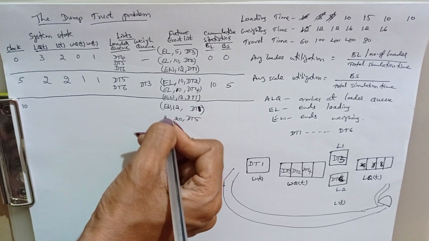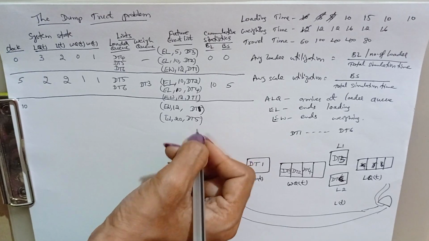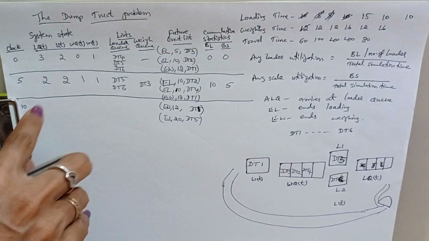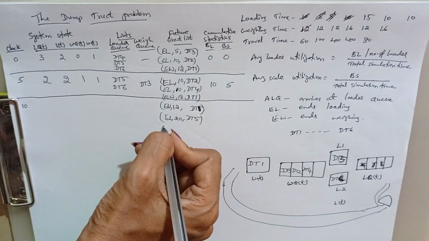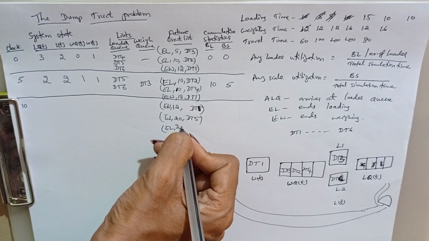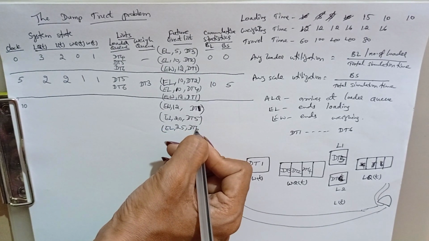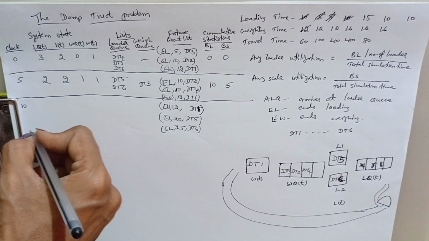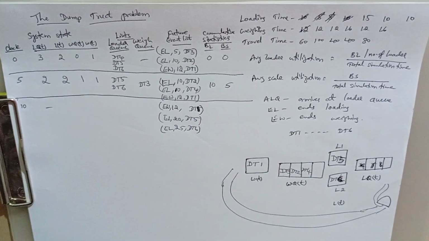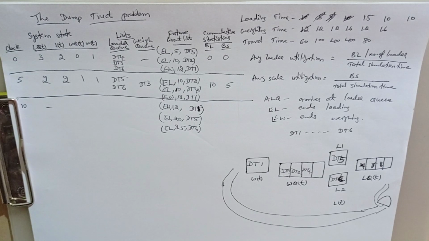Okay, this is loading EL. Next, one more truck, truck 6. So cancel this. Truck 6, 15. And the present time is 10. So end loading at 10 plus 15, 25. That is truck 6. Now we'll write the statistics. In this queue there are no trucks.